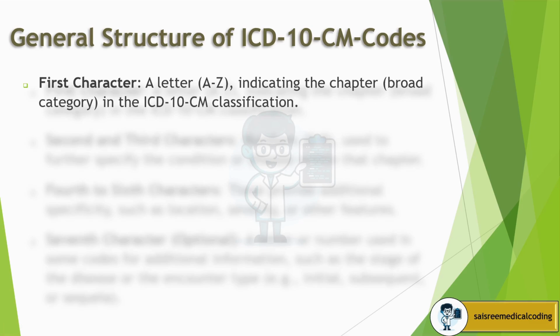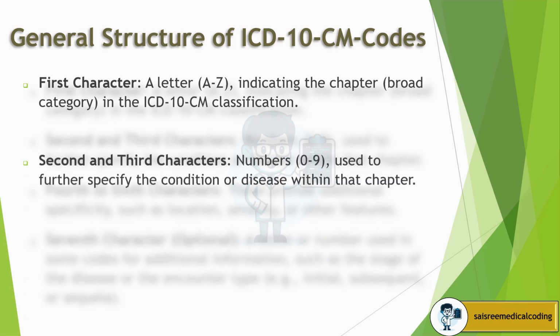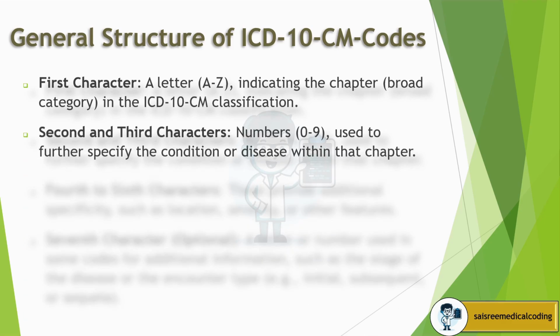The second and third characters are numeric, 0 to 9, used to further specify the condition or disease within the chapter.